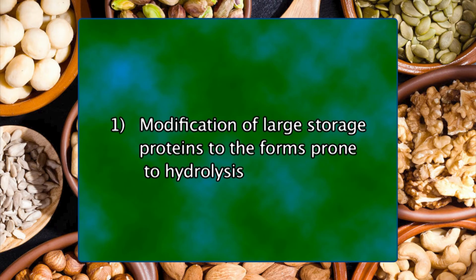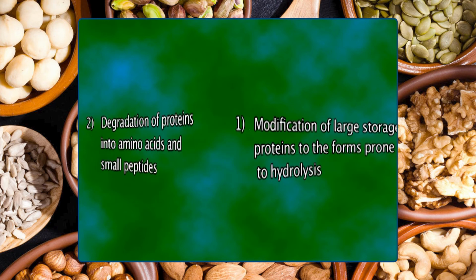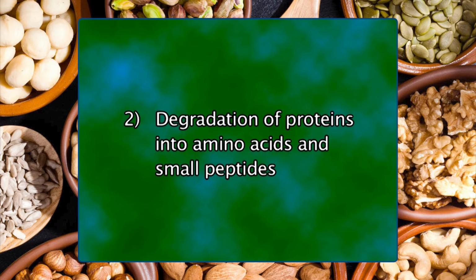However, it is this small fraction that may be hydrolyzed to provide amino acids for the growing seedling prior to the mobilization of the major endosperm reserves. The hydrolytic activity of dicotyledonous seeds involves two steps. Number one, there occurs modification of large storage proteins to forms that are prone to hydrolysis, and second, degradation of the proteins into amino acids and small peptides.